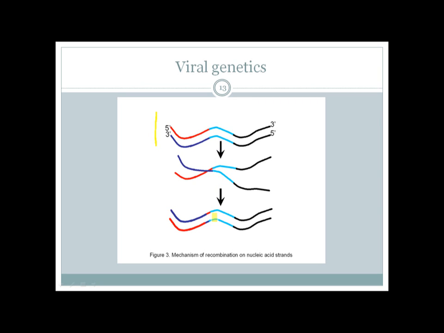Here you can see the red gene and the blue gene; the red gene is purely red and the blue gene is purely blue. But after the crossing over, the blue portion came here along with the red, and the red portion came here along with the blue. So you have a red-blue combination. This is called a recombination because the combination is changed. So this is a recombination of the viral genome.